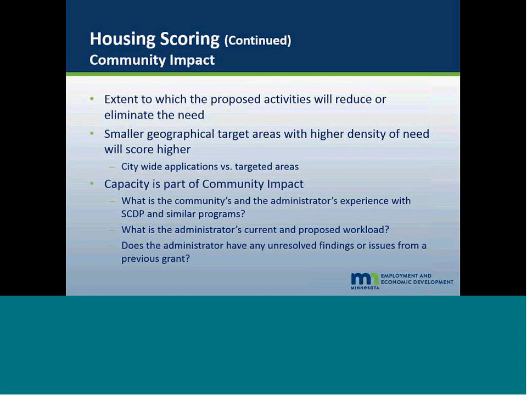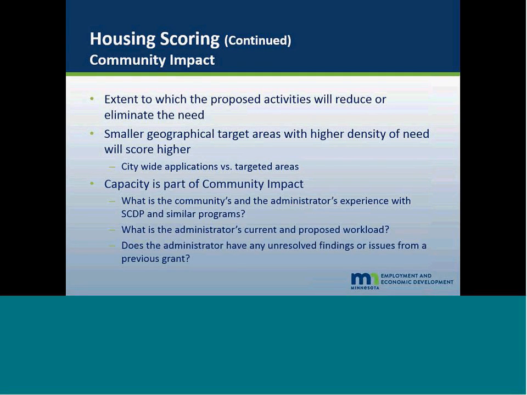You want to talk about the extent to which the proposed activity will reduce or eliminate the need. That is, a smaller target area with a higher density will score higher.